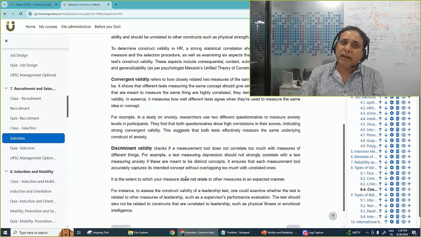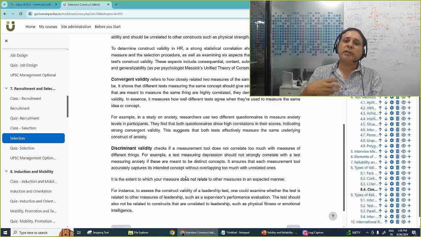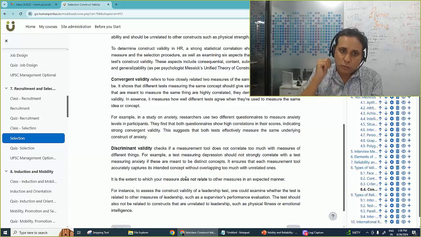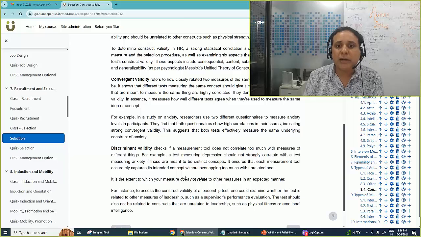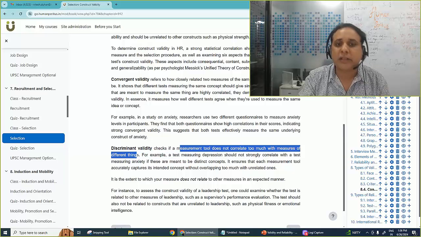If it is not capturing anything else, then it is said that it has got good discriminant validity. So the measurement should not correlate with other things.